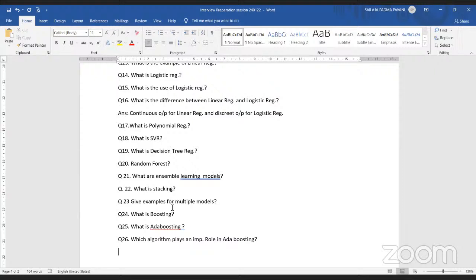Now, next question for you is, what is gradient boosting? What is gradient boosting?